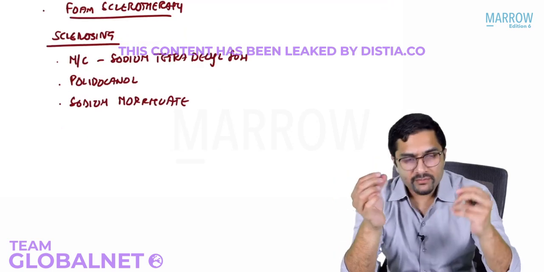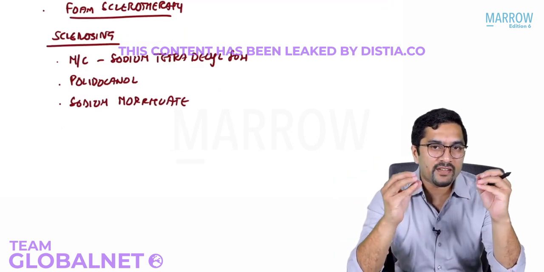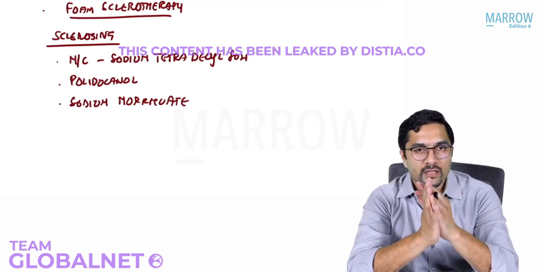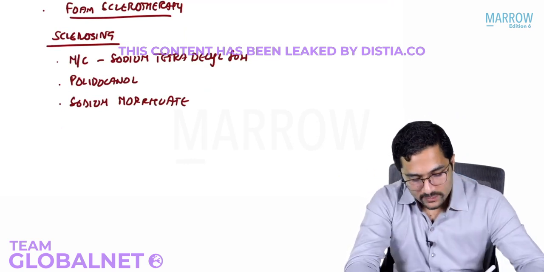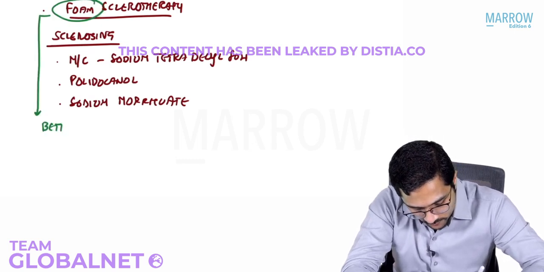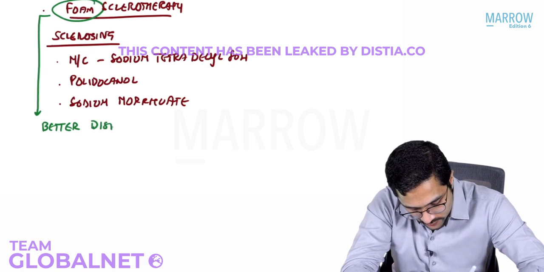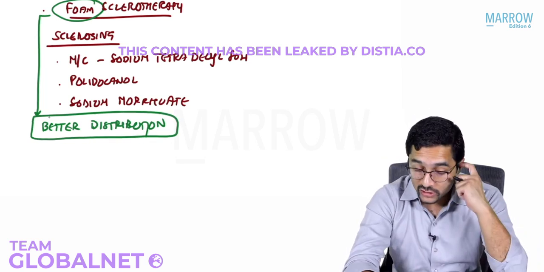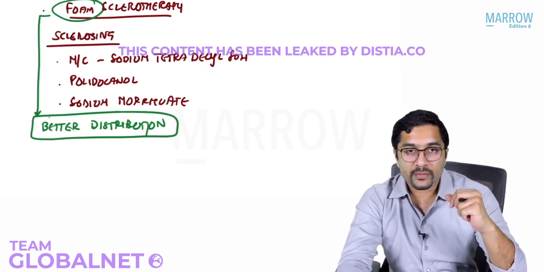Now, one problem with normal sclerotherapy is that when the sclerosant comes in contact with blood, it will not induce fibrosis in the wall. That is why foam is being used. Foam leads to better distribution of sclerosant, and better action. Now, how is this foam created?